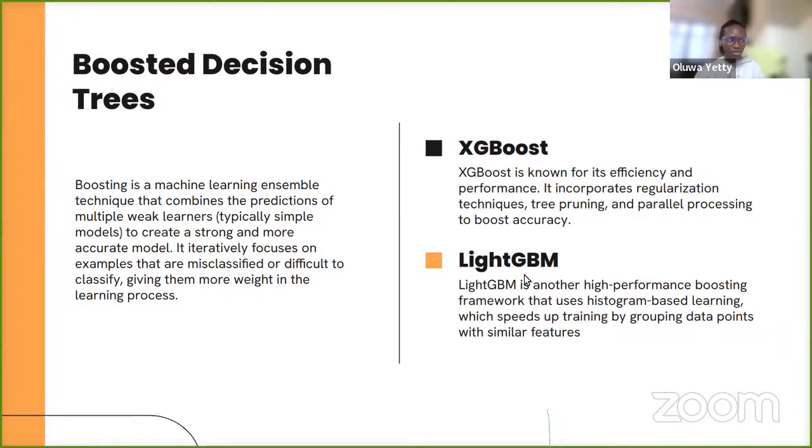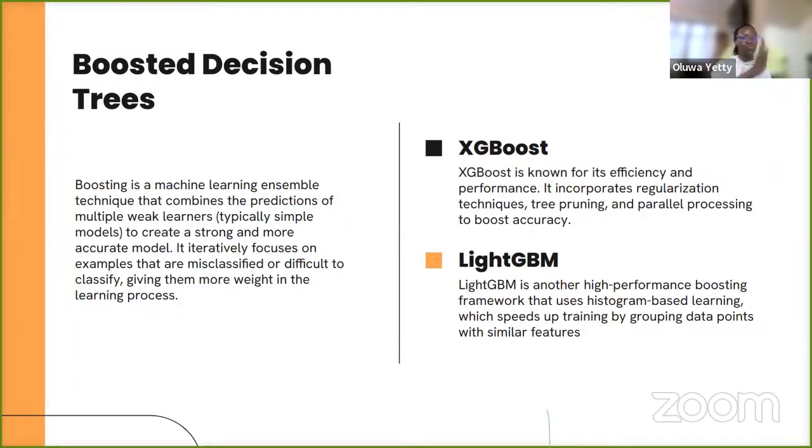And then LightGBM here just stands for light gradient boosting machine. It uses histogram-based learning, which is different from XGBoost. What it does is group data points with similar features. You can look at it by rows. It counts, okay, row 2, row 5, row 7 of my dataset have similar attributes in terms of the values of their columns, they have many similarities.